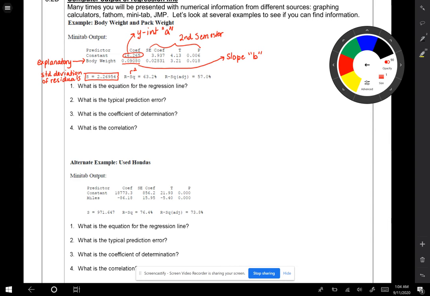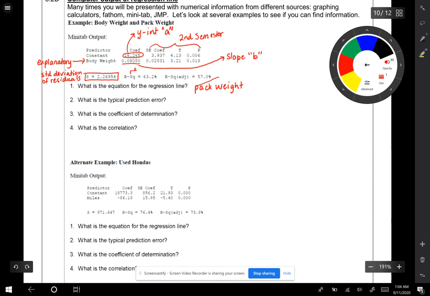So in terms of context, which is what we want, instead of writing y hat, and you can write y hat, I sometimes do this. I know that the response variable is pack weight, but it's the predicted pack weight.